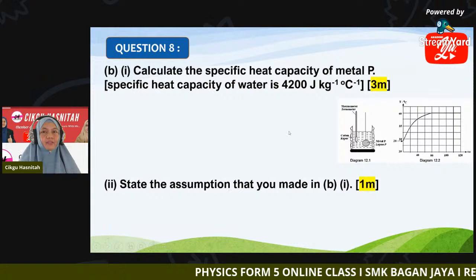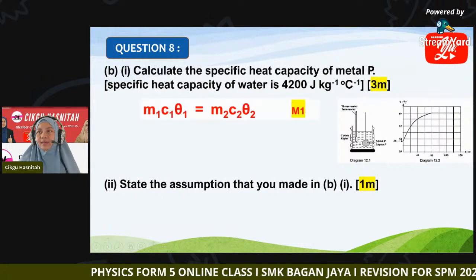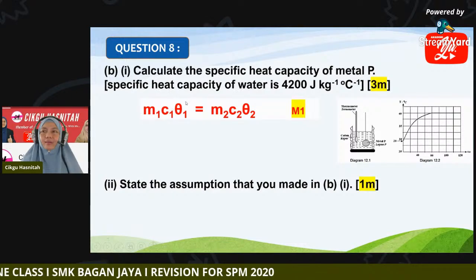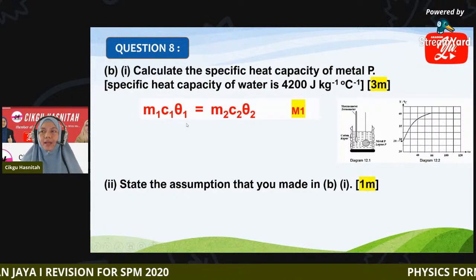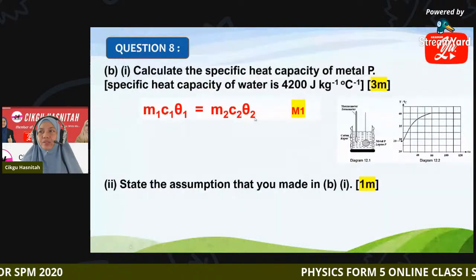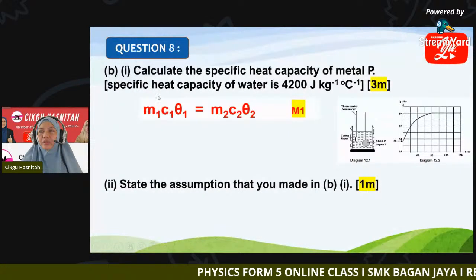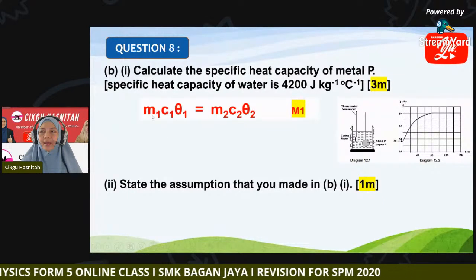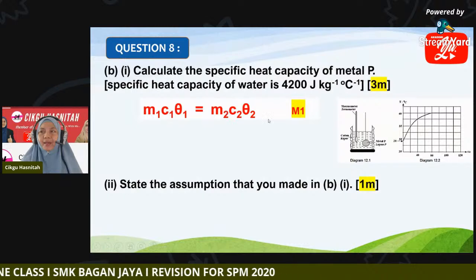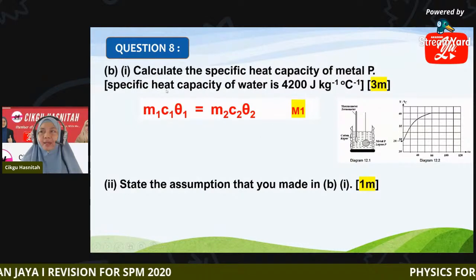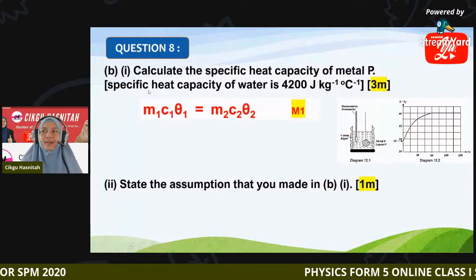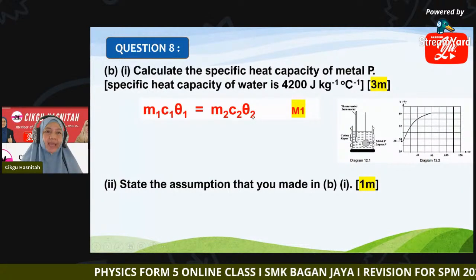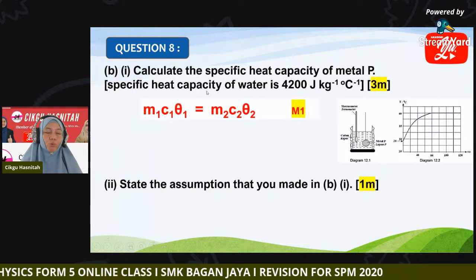We can use this equation: m1 c1 theta 1 equals m2 c2 theta 2. This side represents P, the metal, and the right side represents the water. This shows that the amount of heat lost by metal P equals the amount of heat gained by the water. So this is the meaning of this equation.